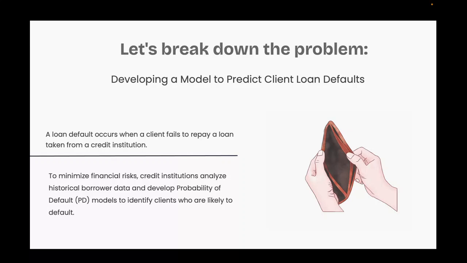As we dive into our discussion, let's consider the most fundamental problem that all risk departments work hard to solve. This is the problem of predicting a client's default. What's default? A default happens when a client takes a loan from a financial institution and does not pay it back.